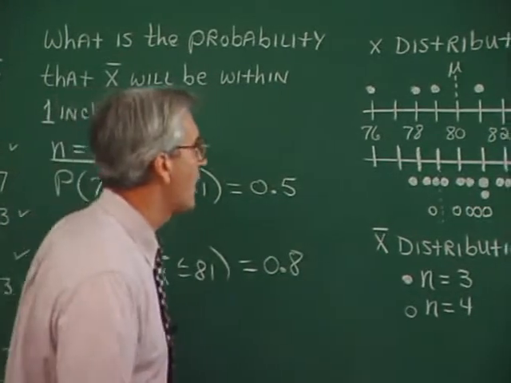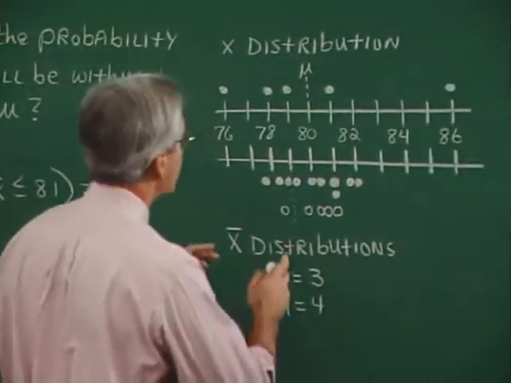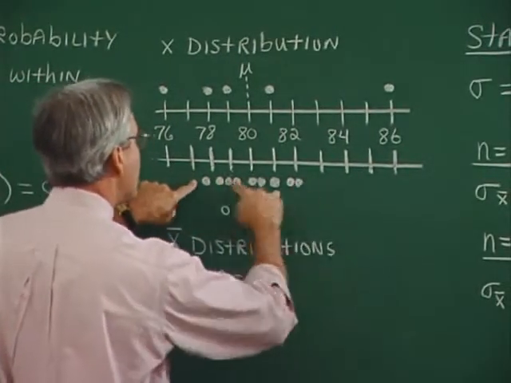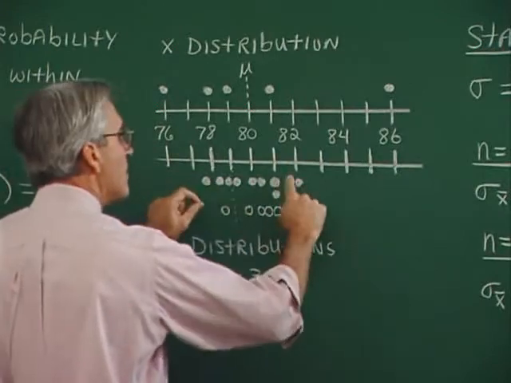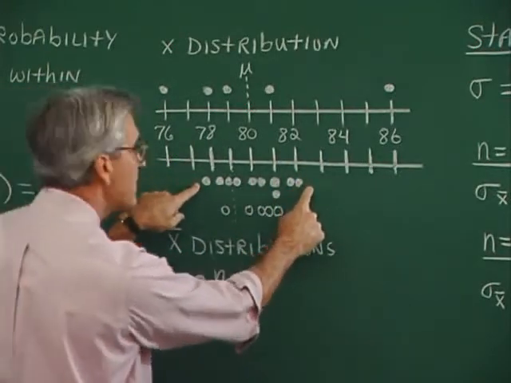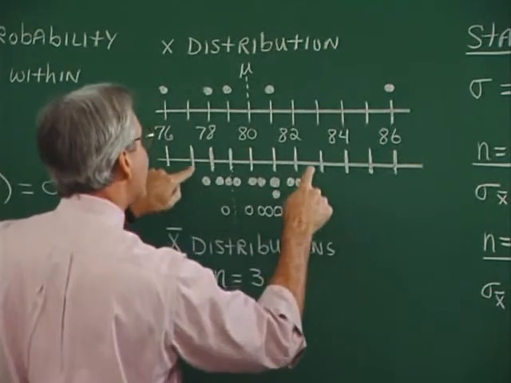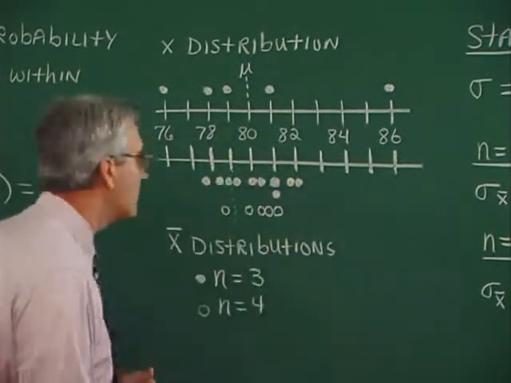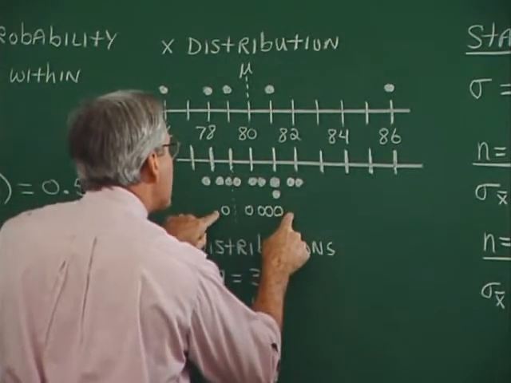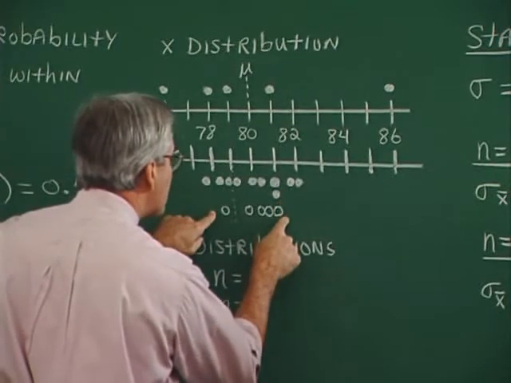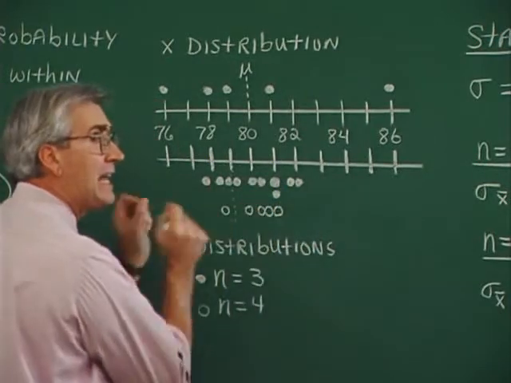There's another point that I want you to see, that if you calculated the mean of the X bar distribution where the sample size is 3, you would find that the mean of that distribution is exactly 80. And if you take the mean of the distribution where the sample size is 4, the mean in that distribution is exactly 80.